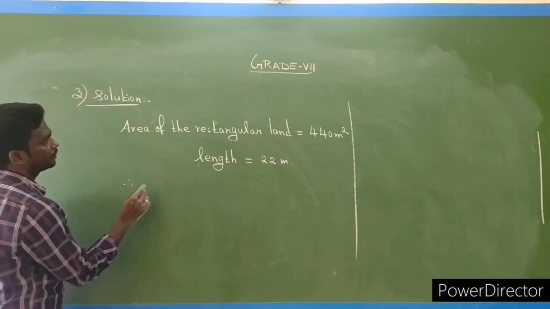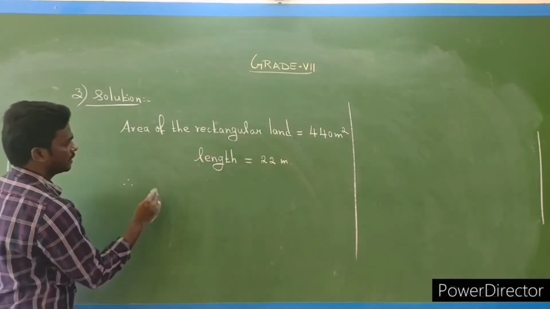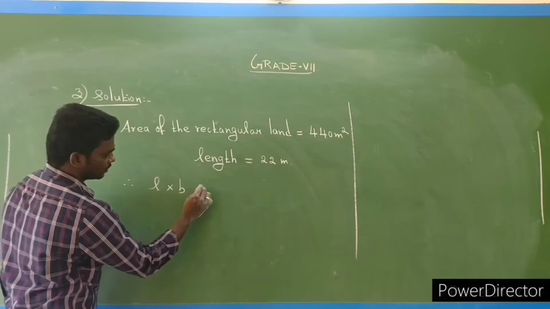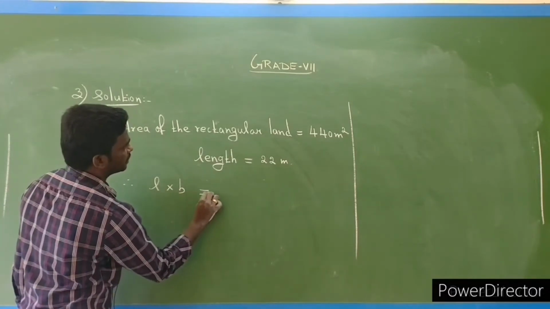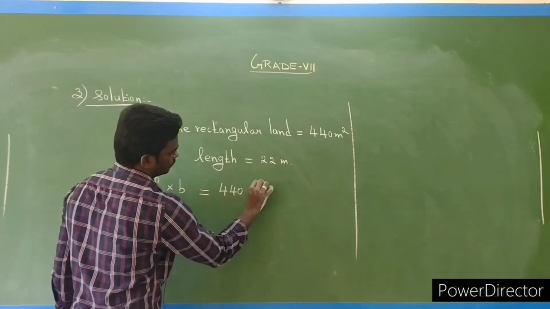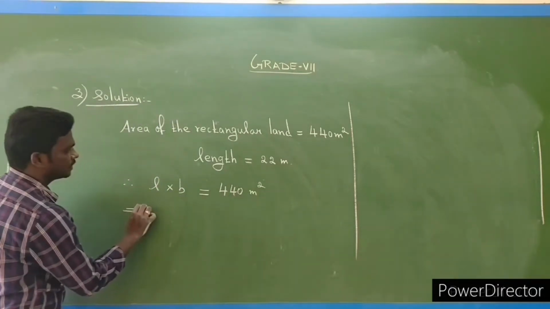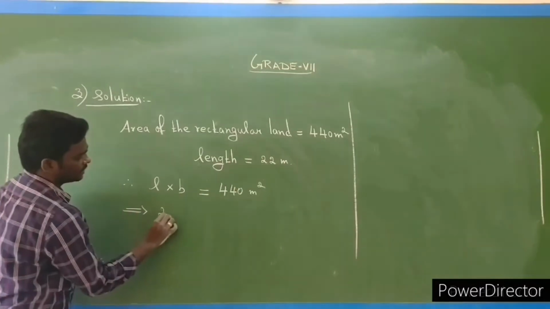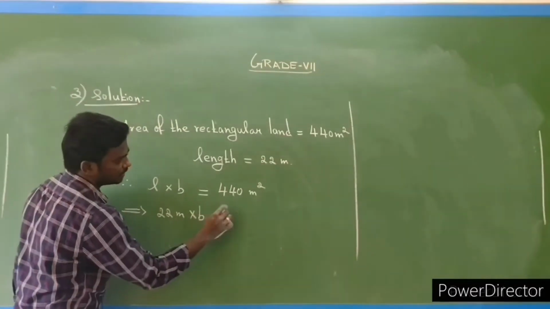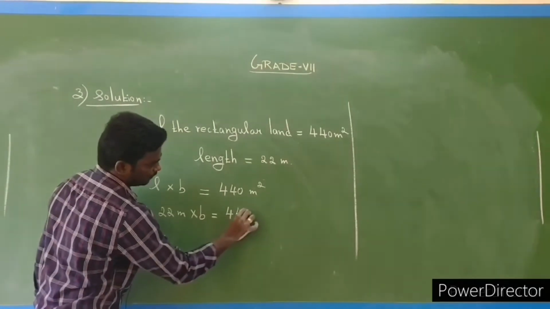So therefore, what is the area of the rectangular plot? We know the area of the rectangle equal to L into B, which is equal to 440 meter square. Implies that the length is 22 meter is given. 22 meter into breadth is equal to 440 meter square.